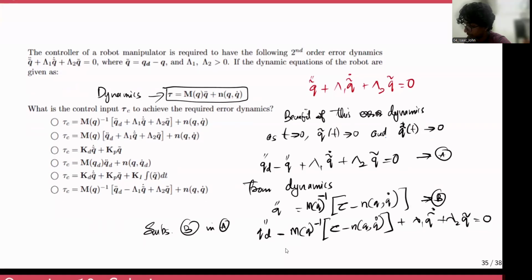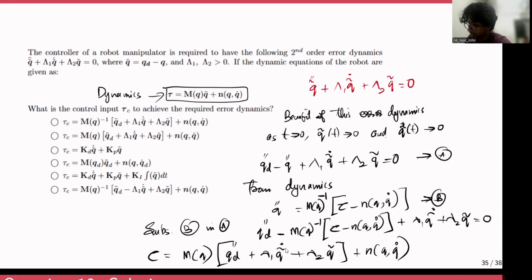And from the above equation, the control input tau would look something like q desired double dot plus lambda 1 q tilde dot plus lambda 2 q tilde, the whole multiplied by m of q plus n of q dot. This would be your control input.